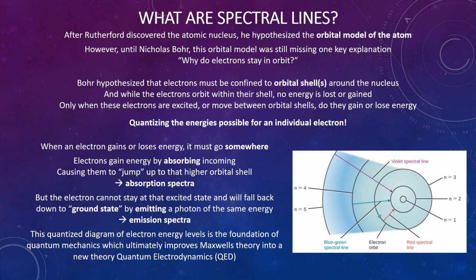And so they will emit a photon of a corresponding energy between their excited level and their ground state energy level. So this quantized diagram of electron shell energies is the foundation of quantum mechanics, which actually led to improvements in Maxwell's theory and helped bring a new theory called quantum electrodynamics.